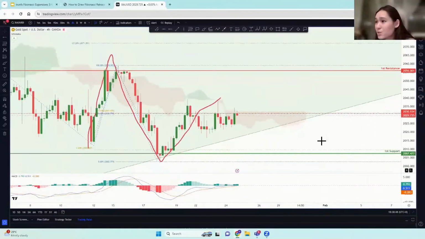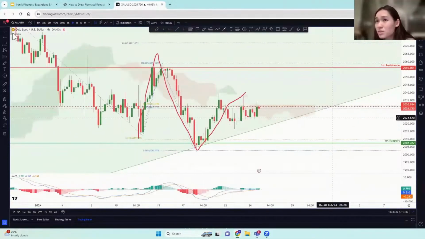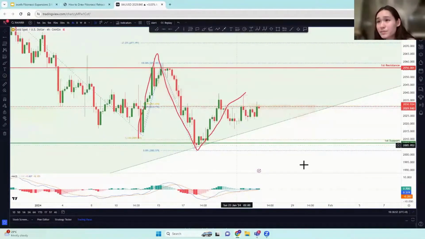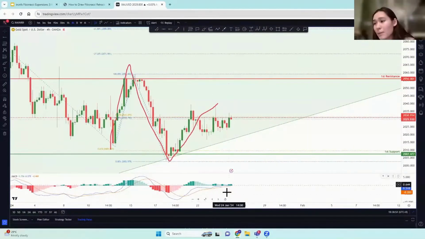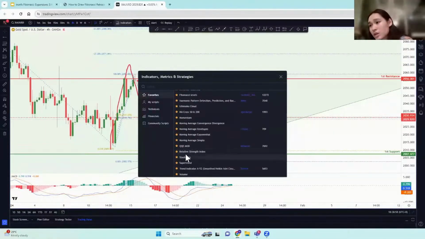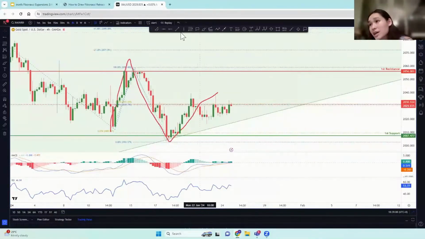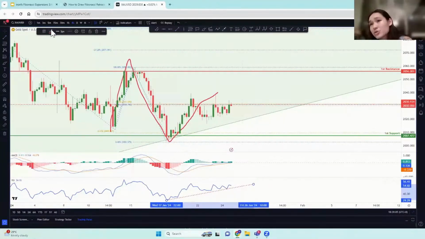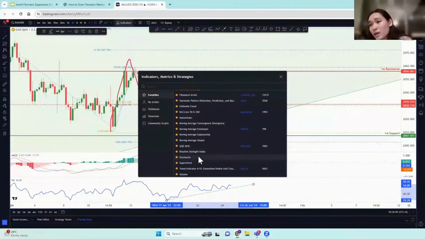But before that happens, we can't be too sure. So I'm going to remove that. And for our MACD, you can see it's giving us a bullish signal. So that's good. And if we look at RSI, price is also moving in an uptrend. So that supports our analysis as well.